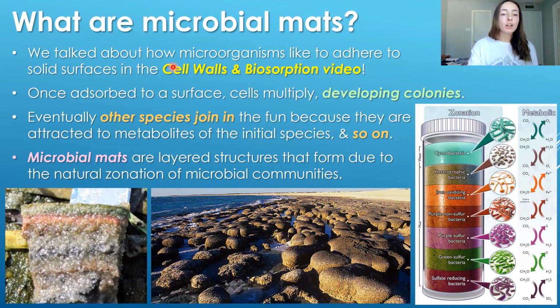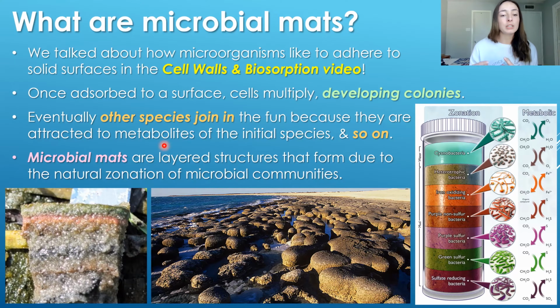Like we talked about in the cell walls and bioabsorption video, microorganisms like to adsorb to solid surfaces. They like to adhere to surfaces basically. Once adsorbed to a surface, cells multiply and develop colonies, and eventually other species join in until microbial mats are developed.